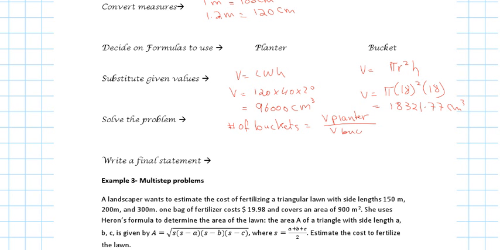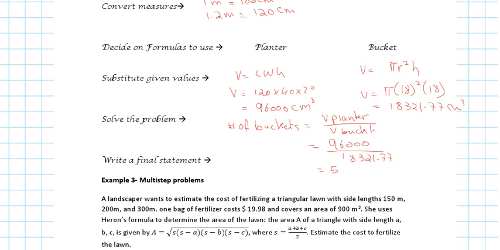Guys, sometimes with these questions there is no formula. It's your common sense, the formulas that you're going to come up with. So that's going to be 96,000 divided by 18,321.77, and that's going to give me about 5.2 buckets.